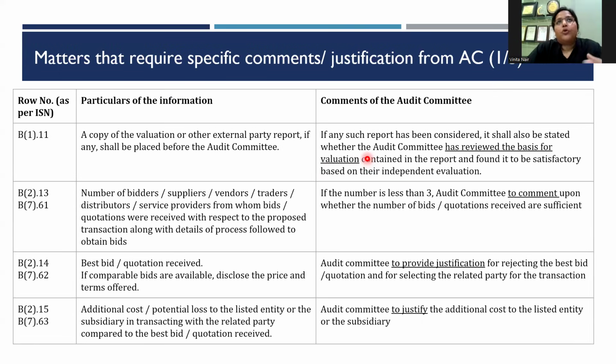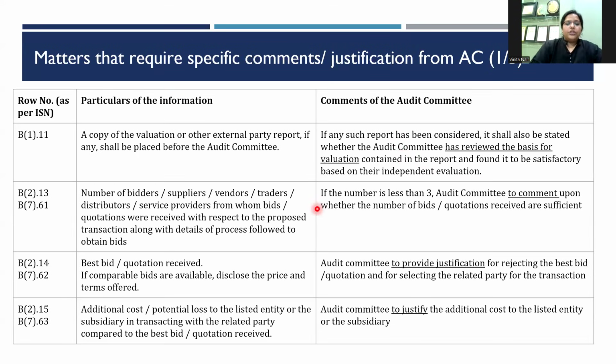So the audit committee will try to understand what was the data supplied and what was the approach that was followed by the valuer to understand whether the basis of valuation is right or not. If the valuer, for example, has simply relied on management confirmation, then the valuation will not have any significance. So that is the role the audit committee is expected to discharge. It is not itself sitting in the shoes of the valuer and carrying out the valuation.